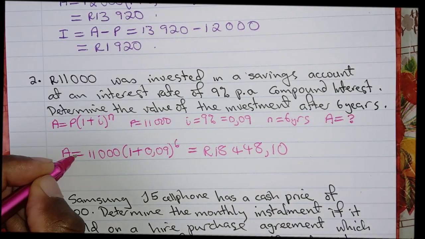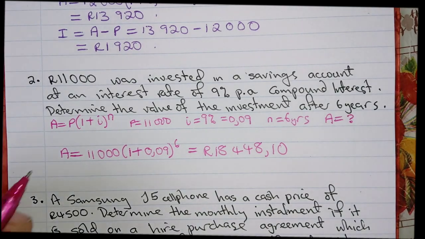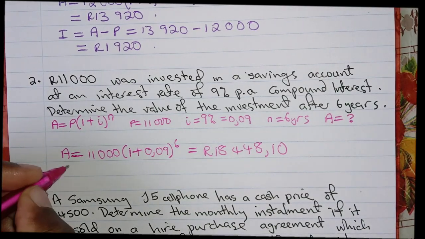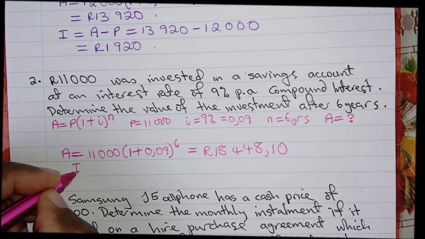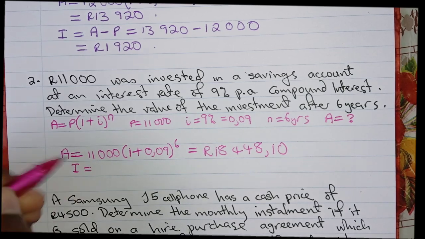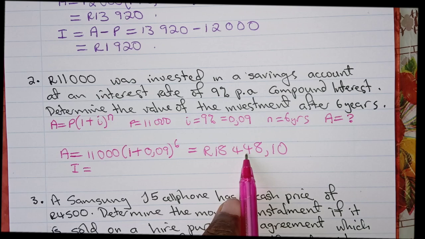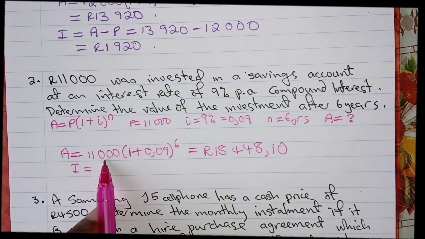And then if you are to determine the amount of interest that was earned here, your interest is equal to the final amount minus the initial amount.